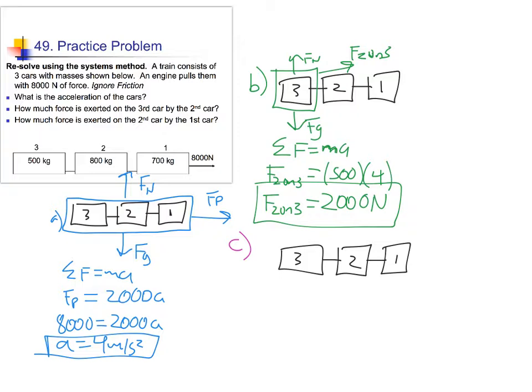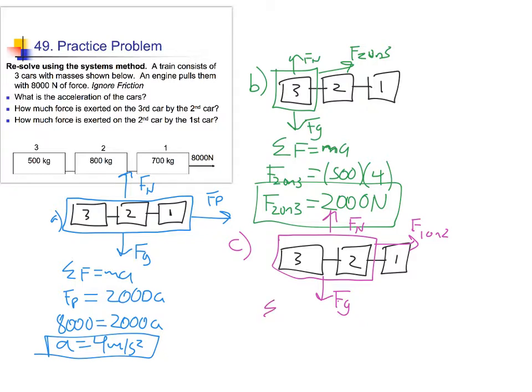For my last question, how much force is exerted on the second car by the first car? I'm actually going to do something a little bit funky here, and I'm going to once again use my systems idea, but my system now is just going to be cars 2 and 3. So they of course have gravity and the normal force acting on them. They also now have the force of 1 on object 2. That is a force that's now outside my system because I'm only treating cars 2 and 3 as a part of my system.